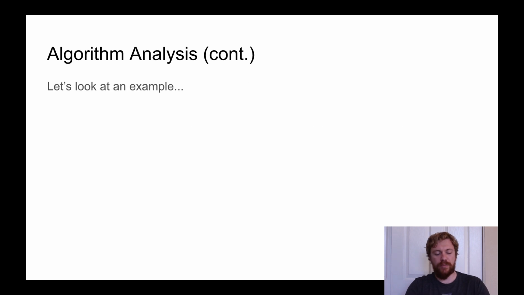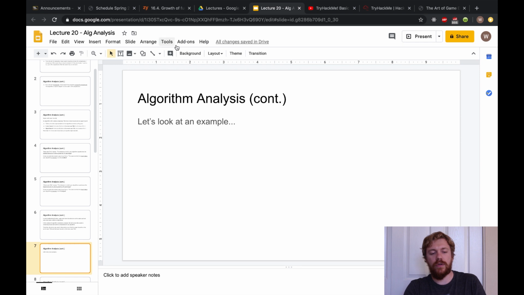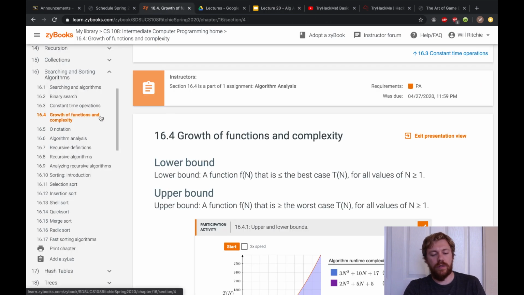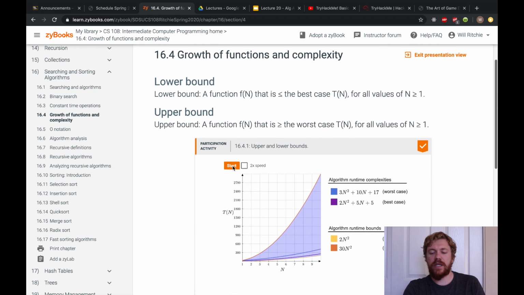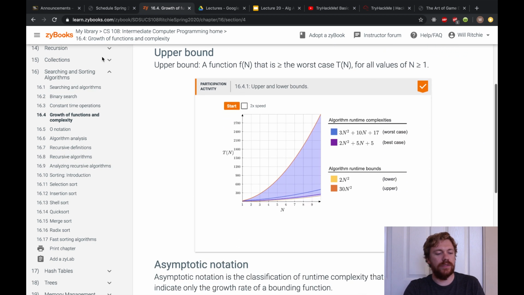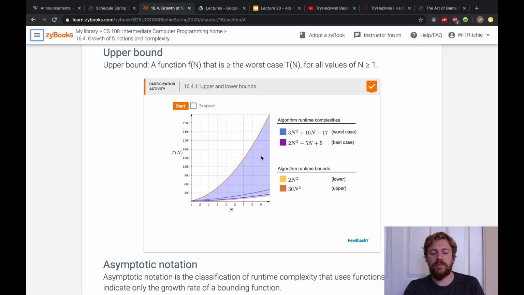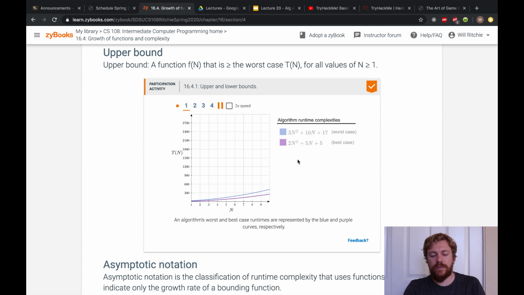So we'll look at an example here. And one thing that is interesting is, given a particular algorithm, your best case and your worst case can be two completely different functions. And so we'll go ahead and look at an example here.